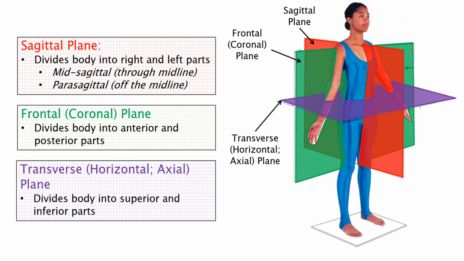Mid-sagittal is through the middle line. Parasagittal means off the middle line. The frontal or coronal plane divides the body into anterior and posterior parts, and the transverse or horizontal, also known as axial plane, divides the body into superior and inferior parts.